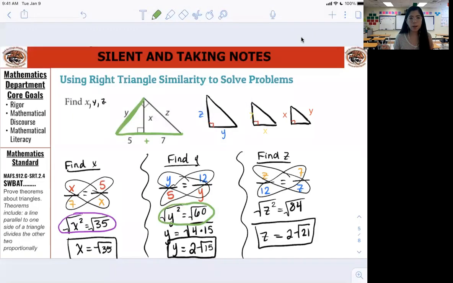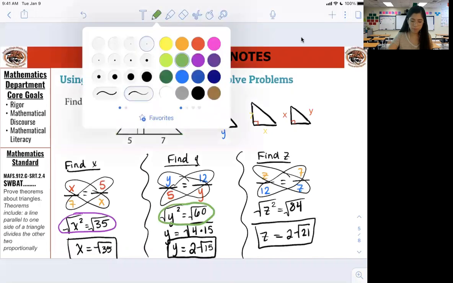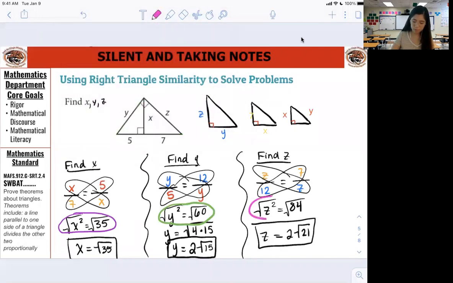What about the last one when we're finding z? Where did we get 84 from?